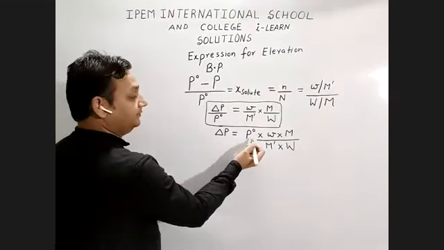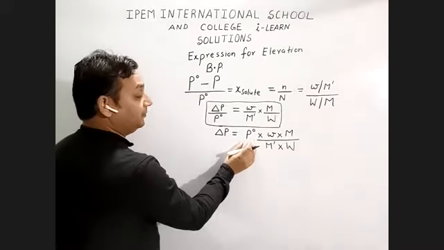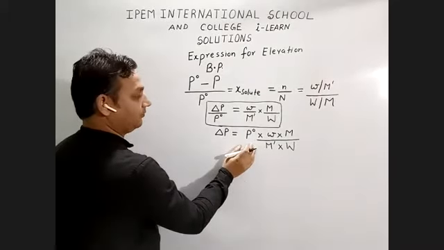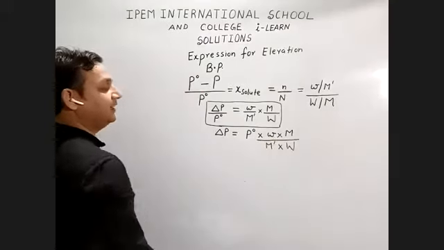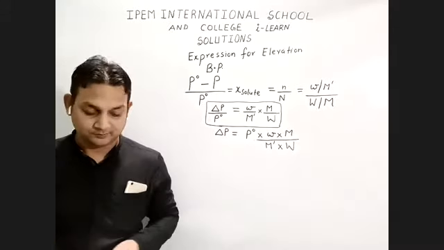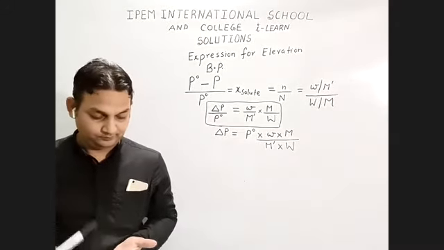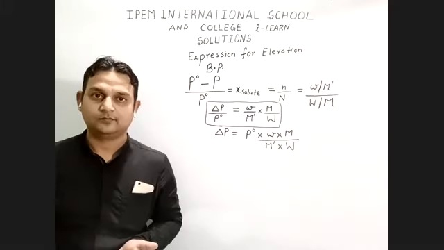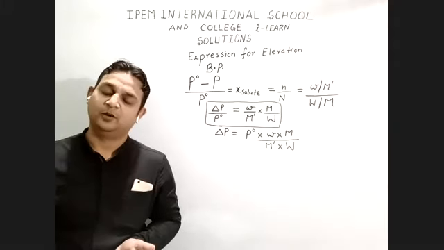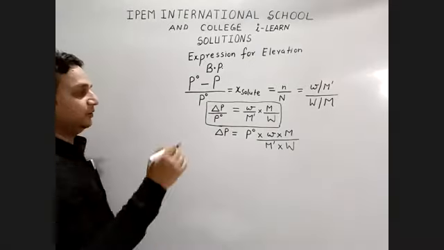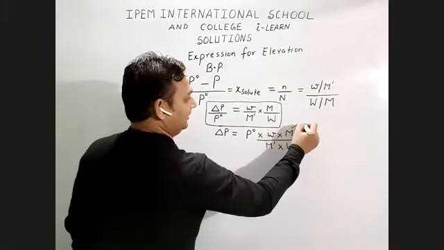Now what is P naught here? That is the vapor pressure of a pure solvent. And what is M here? That M is the molar mass of the solvent.